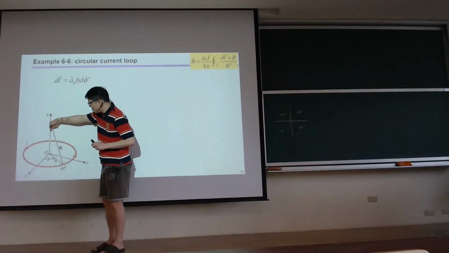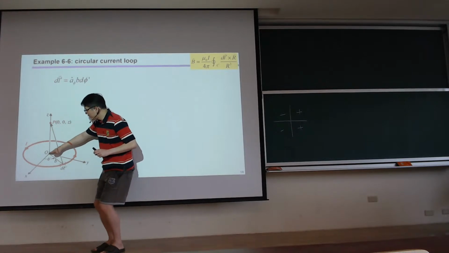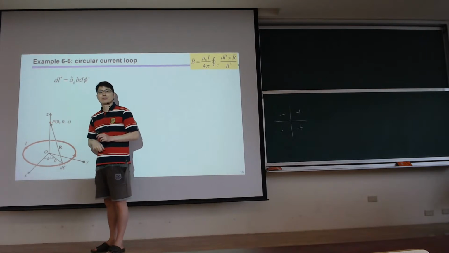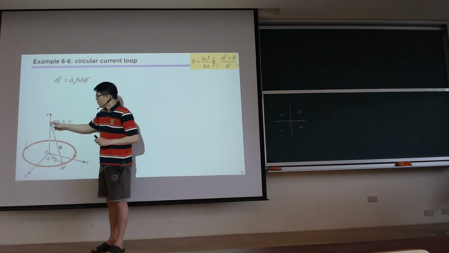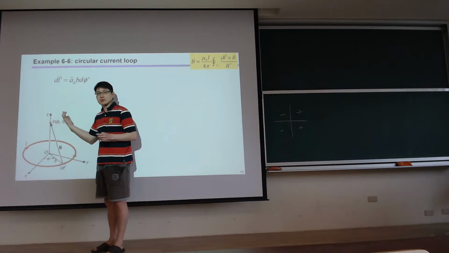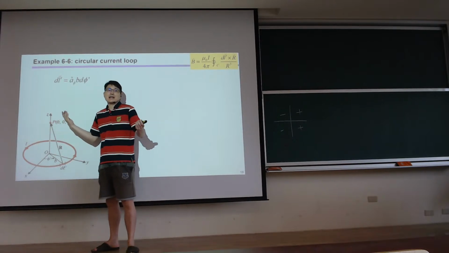You are exactly at the top of the center of this circular loop. Would you expect to have any radial component or phi component, or just simply a z component?